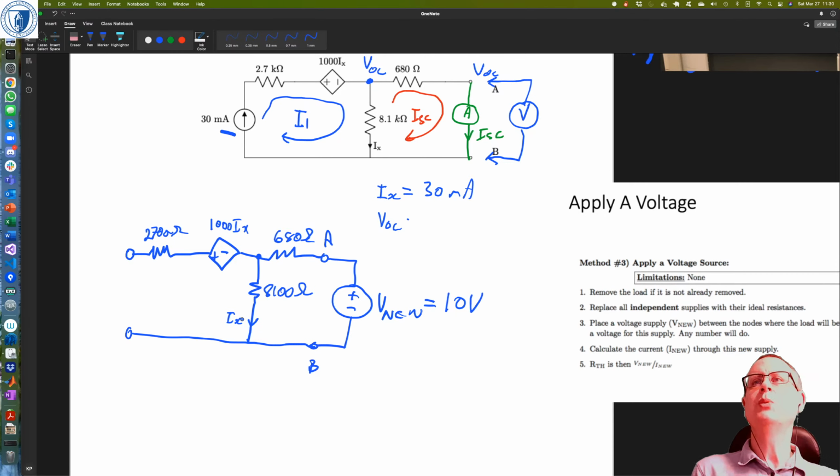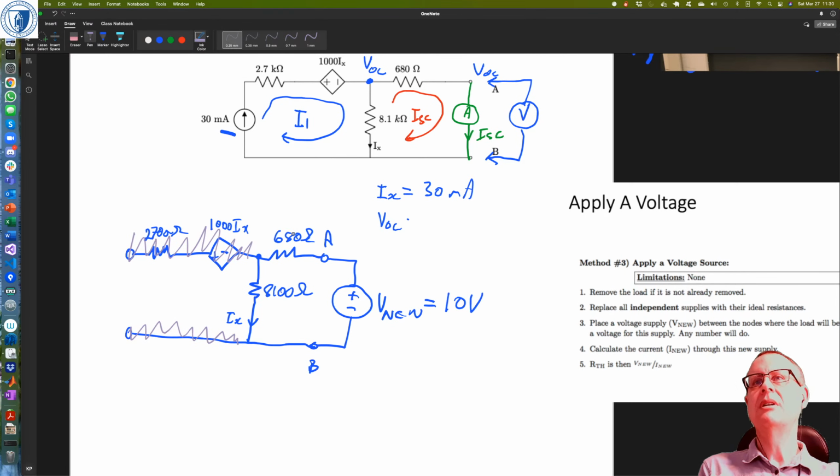The funny thing about this is that because there's no current flowing through here, we can just ignore that part of the circuit.